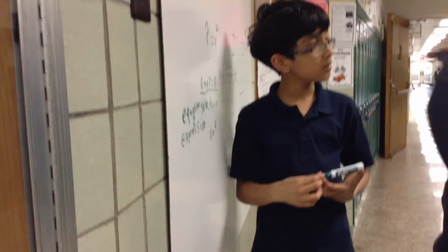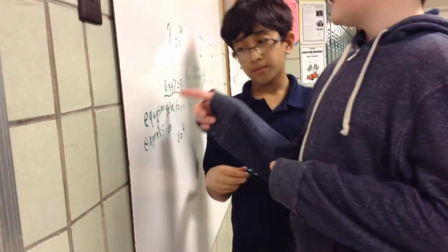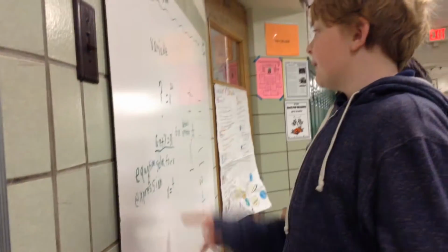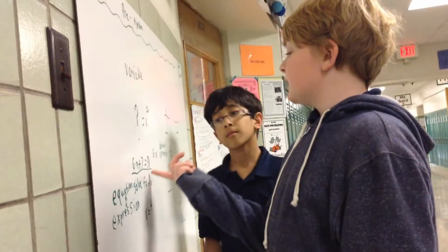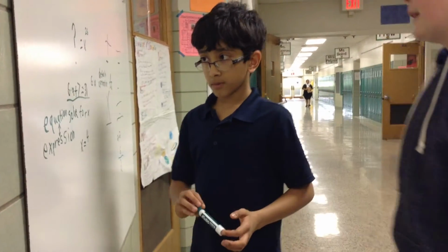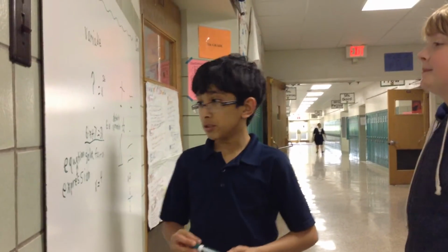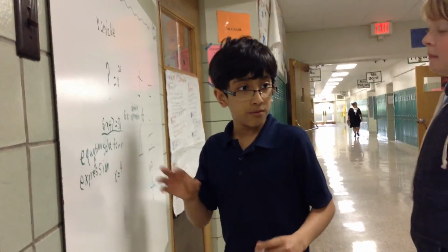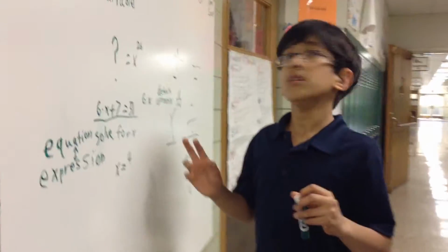Okay, one more question. Why can't you just figure out what the x means? Why can't you just do 6 times whatever and then just add 7? There's your answer. You don't have to do all this extra work to figure out what x is. Well, x could be 1, 12, 3, 9, 5. It could be any type of number.